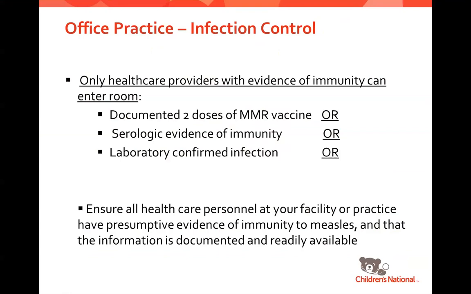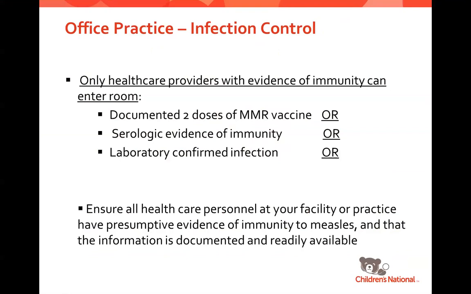So you've got to dig up your old shot record and bring it in to show that you truly have had 2 doses of MMR vaccine, or someone with serologic evidence of immunity, or if they've had laboratory confirmed infection. So the important and key step here that we can take in advance is to ensure that all of the healthcare personnel at our facility or practice do have evidence of immunity to measles, and also that information is documented and readily available.